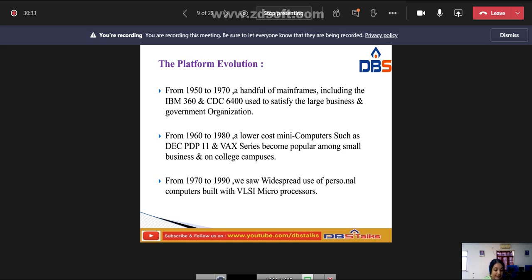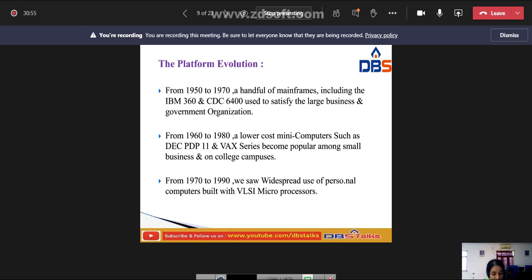From 1970 to 1990, we saw widespread use of personal computers built with VLSI microprocessors.